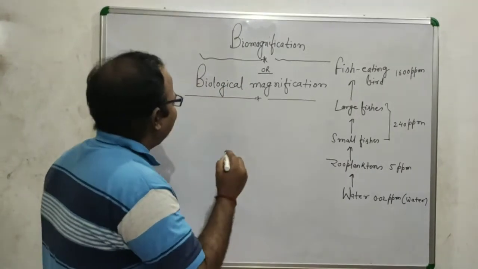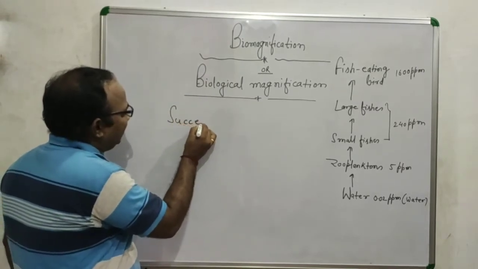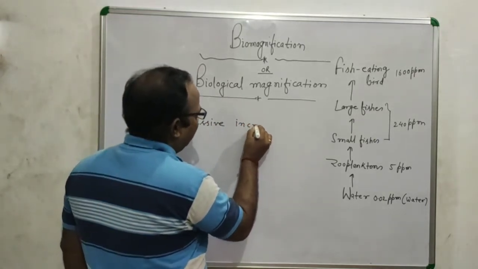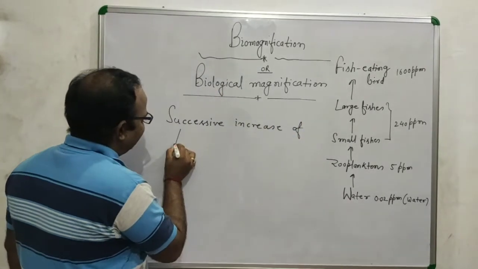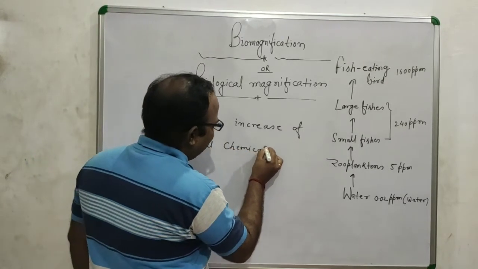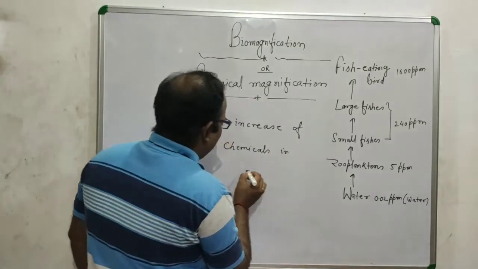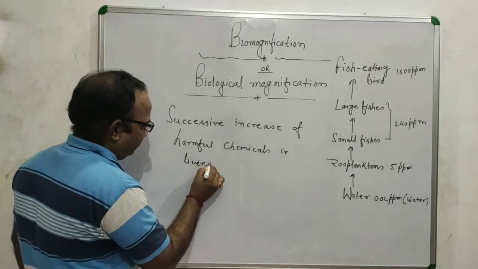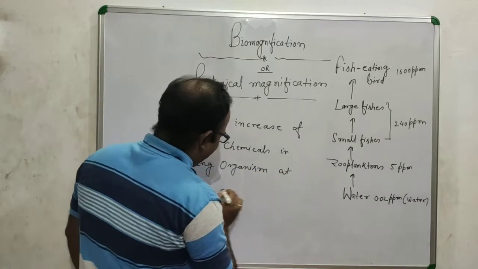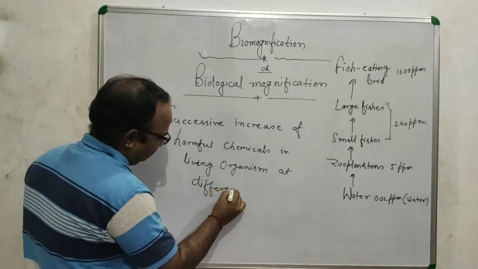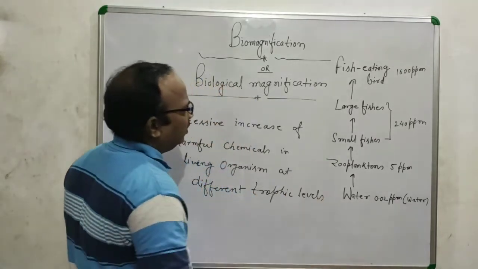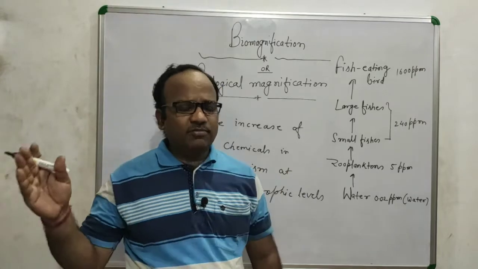Biological magnification is the successive increase of harmful chemicals, pesticides, whatever they may be, in living organisms at different trophic levels. What happens in this? I am starting from the very first.